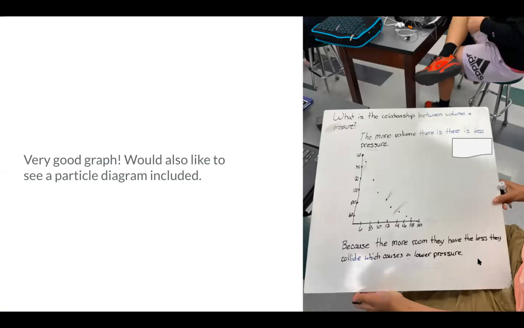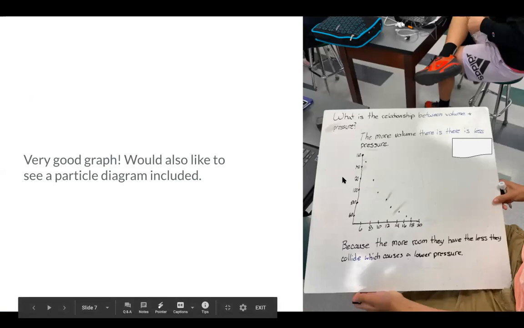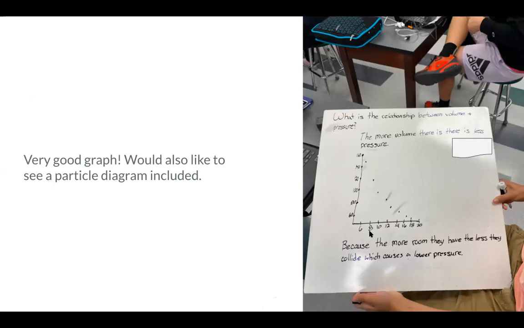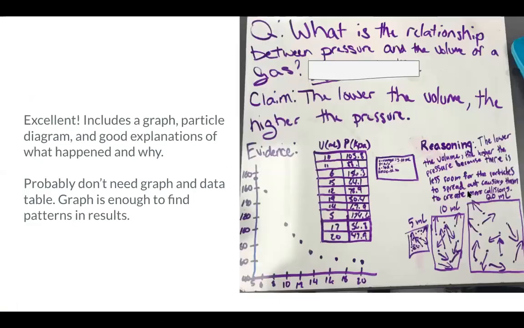The other thing maybe I would include is what we measure on the graph: pressure and volume. If I'm looking at it, I know which one's pressure and which one's volume, but it's probably a good idea to have some labels on there.